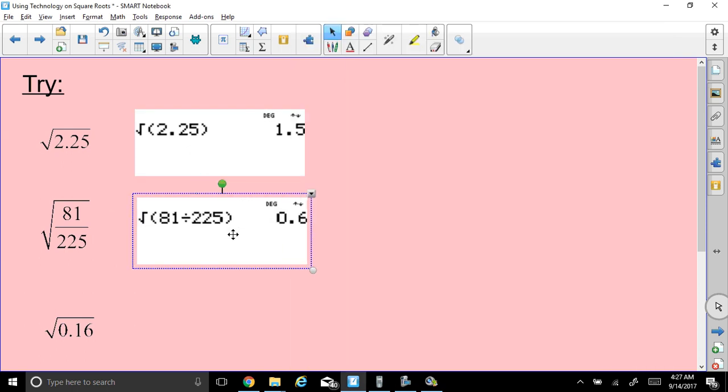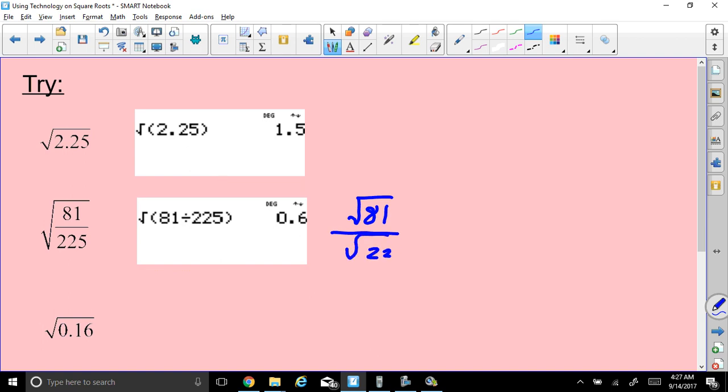But Dr. Rob, shouldn't the answer be a fraction? Sure, it should be. Let's take a second to deal with it as a fraction, and I'm going to show you the decimal equivalent. What we do is we take the square root of 81 and put that on the top, and the square root of 225 and put that on the bottom of our division sign.